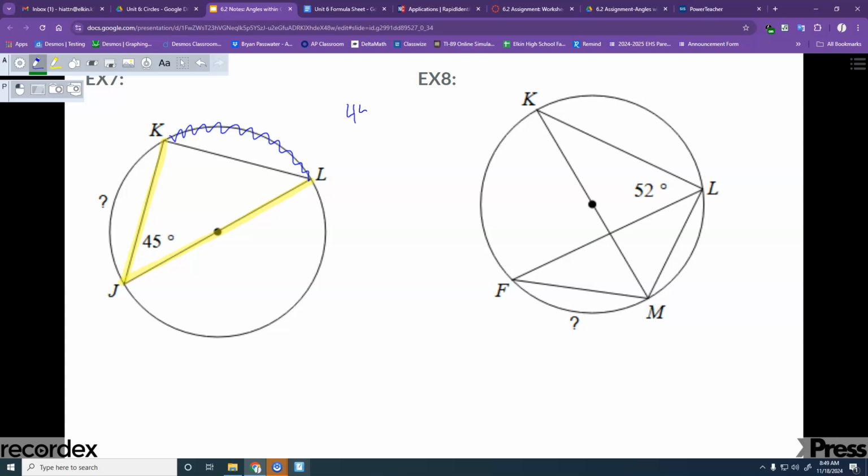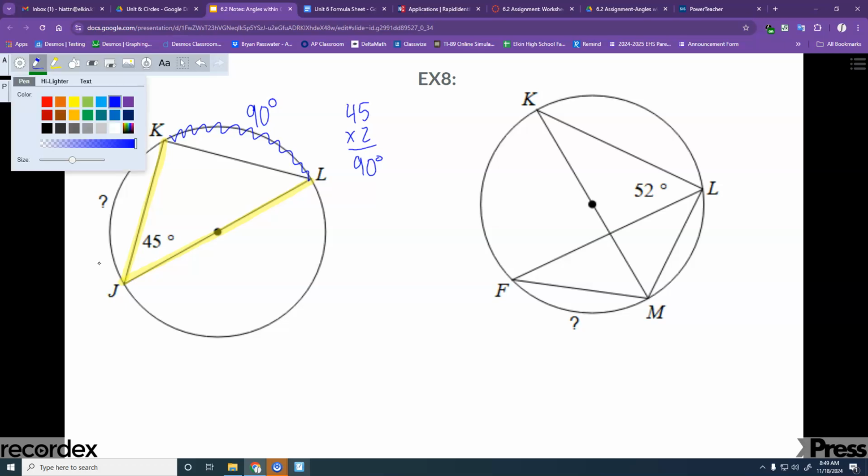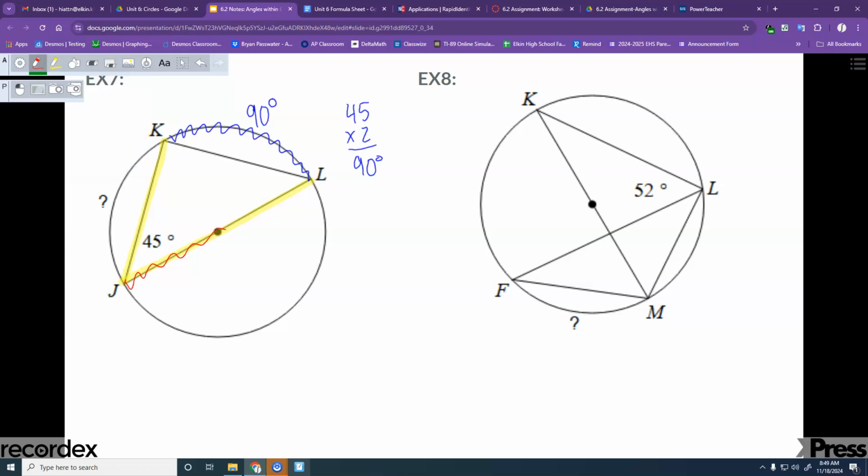45 times 2, which is going to give us 90. So KL is 90 degrees, but they didn't ask us for KL. They asked us for KJ. What could we do? Okay, how do you know it's the same thing? Because that's a little cut in half. So it's 90 plus 90 equals 180. Yes, because this line right here is a diameter.